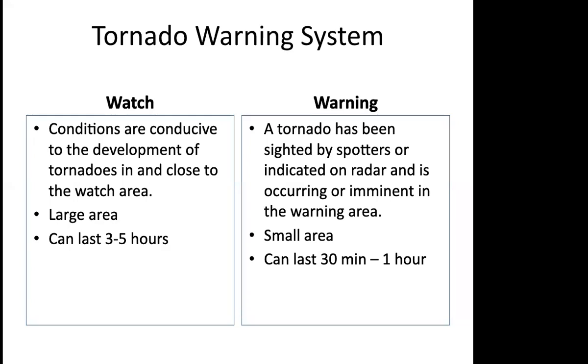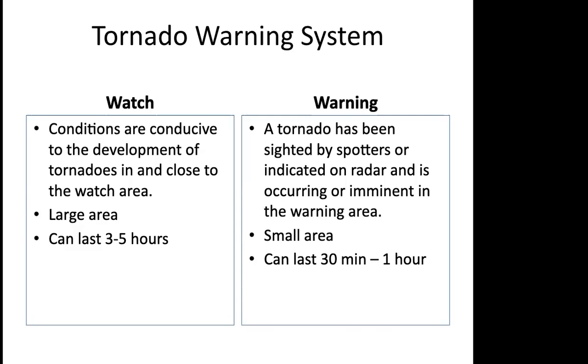So when we hear things on the news about a tornado, we hear tornado watch and we hear tornado warnings. Tornado watches are the conditions that are conducive to the development of tornadoes in and close to the watch area. So this is over a large area and it can last 3 to 5 hours.